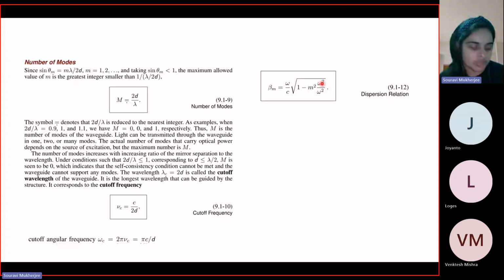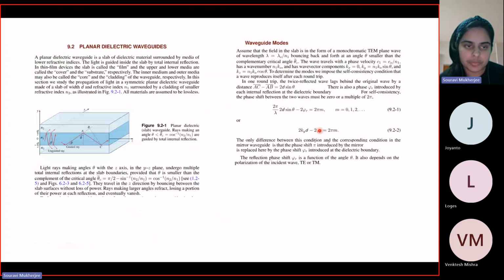So what we were discussing till now was about two mirrors, and then there are multiple reflections. Now what we are trying to talk about is the planar dielectric waveguide. So what do you mean by a dielectric waveguide?